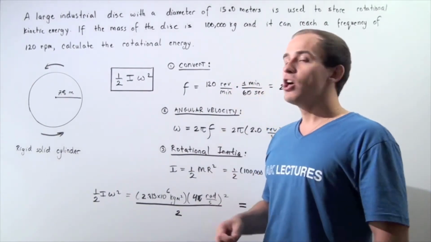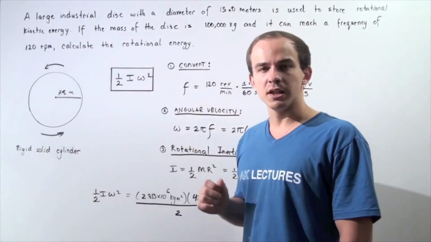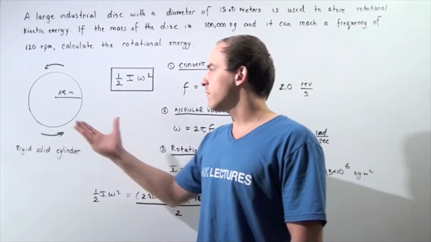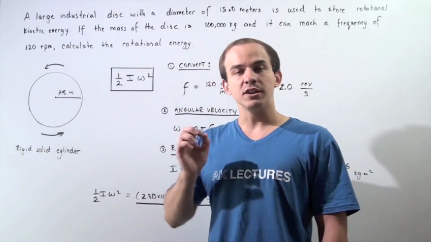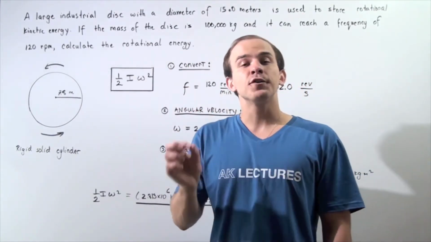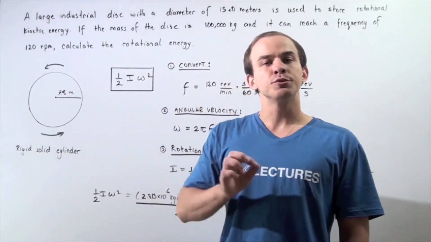So to find the rotational kinetic energy, we have to use the following formula: 1/2 multiplied by the moment of inertia of the object multiplied by the square of the angular velocity. So, in the first step, we have to convert frequency from revolutions per minute to revolutions per second.